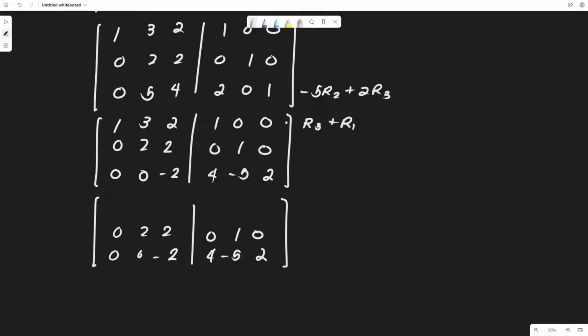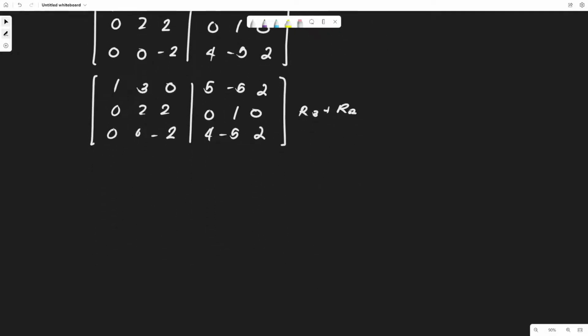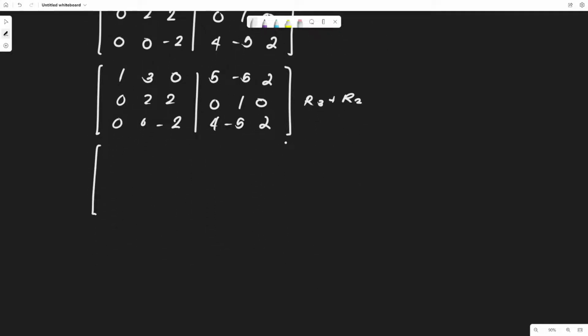Then R3 plus R1, 1, 3. Then obviously this will become 0. Then 4 plus 1 is 5. Negative 5 plus 0 is negative 5. 2 plus 0 is 2. Okay, then we have 2 here, so R3 plus R2. As simple as that. So we have 1, 3, 0. 5, negative 5, 2.